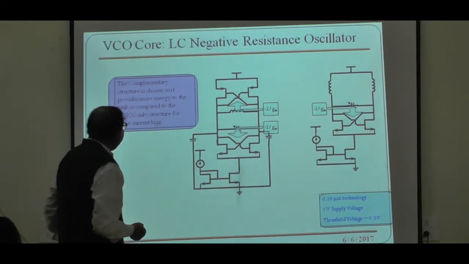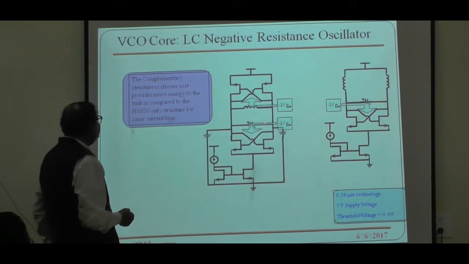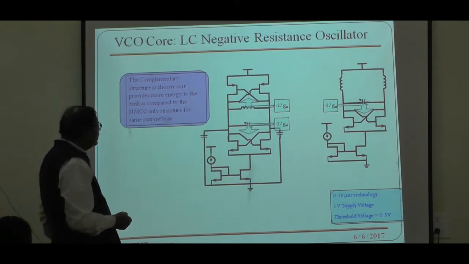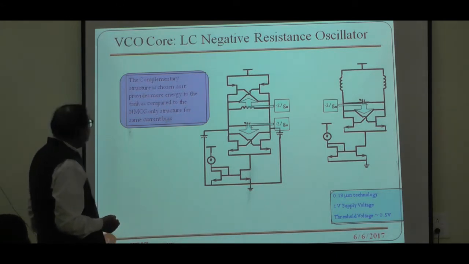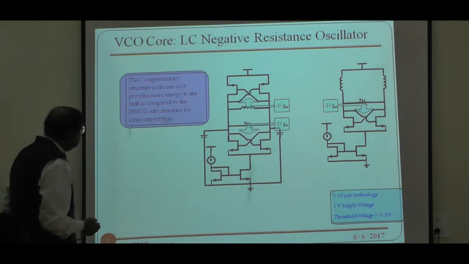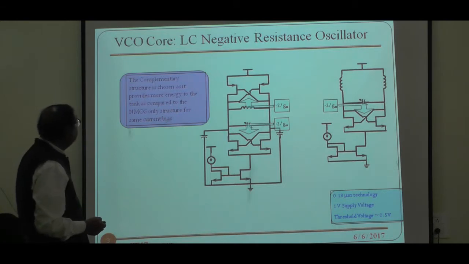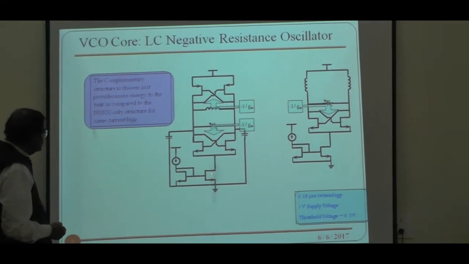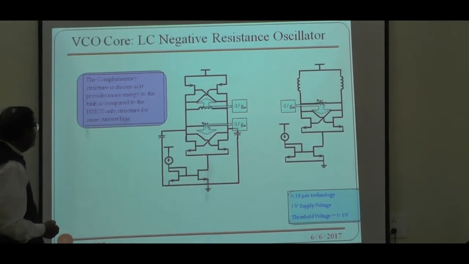Next one, in the tutorial we will derive the expressions. For the time being, we just explain why we require a tank circuit. We'll give you the mathematical analysis later, but before that we understand it physically. If you look at the tank circuit L and C, suppose there is a PMOS pair and there is an NMOS pair.